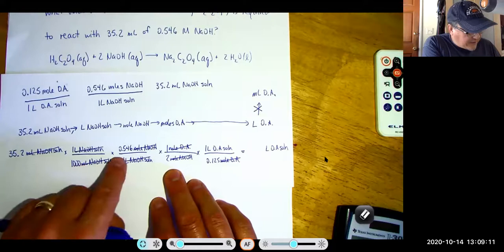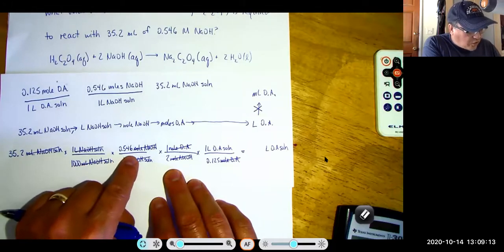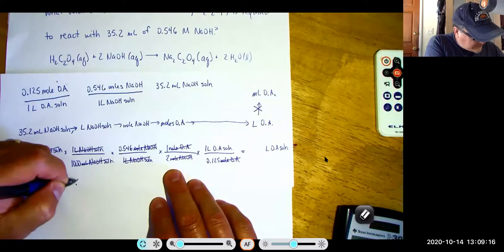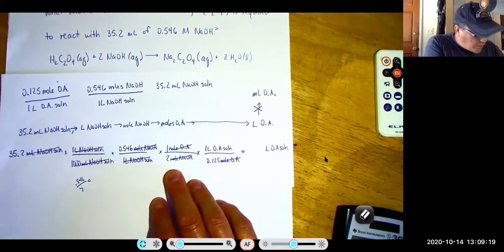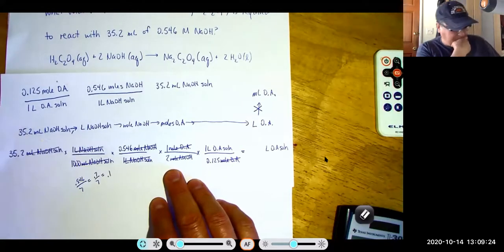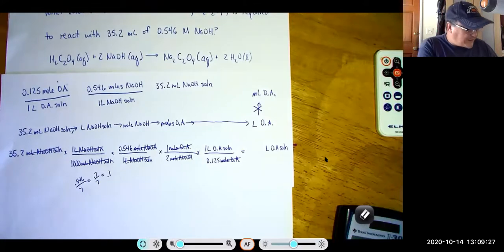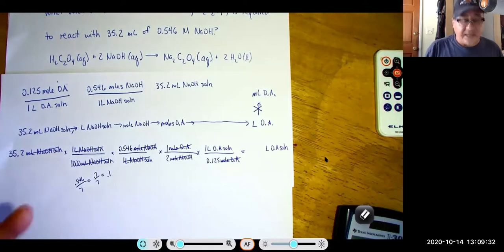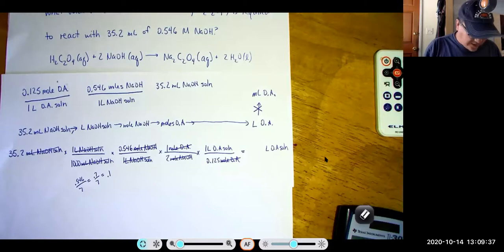So we have 0.546 over 7, which is almost 0.7 over 7, which would be what? 0.1, right? So if 0.7 over 7 is 0.1, then the answer should be 0.08 or something like that. 35.2 times 0.546 divided by 1,000 divided by 2 and divided by 0.125.